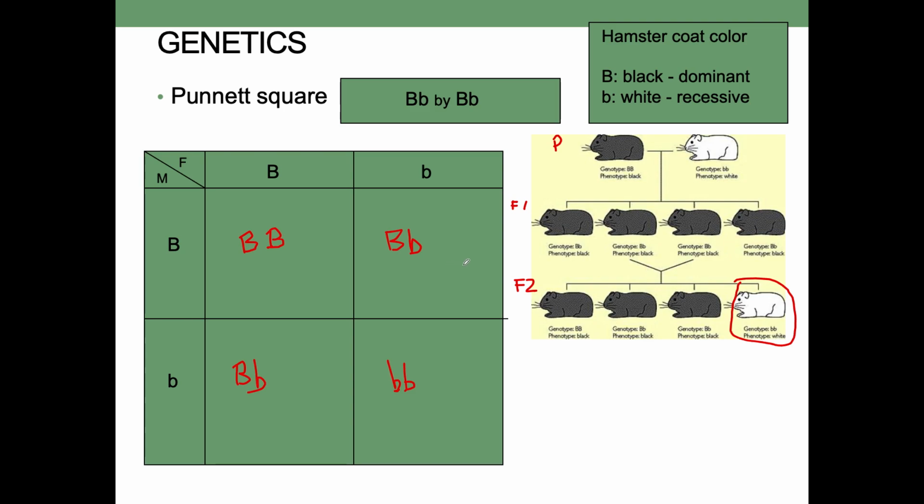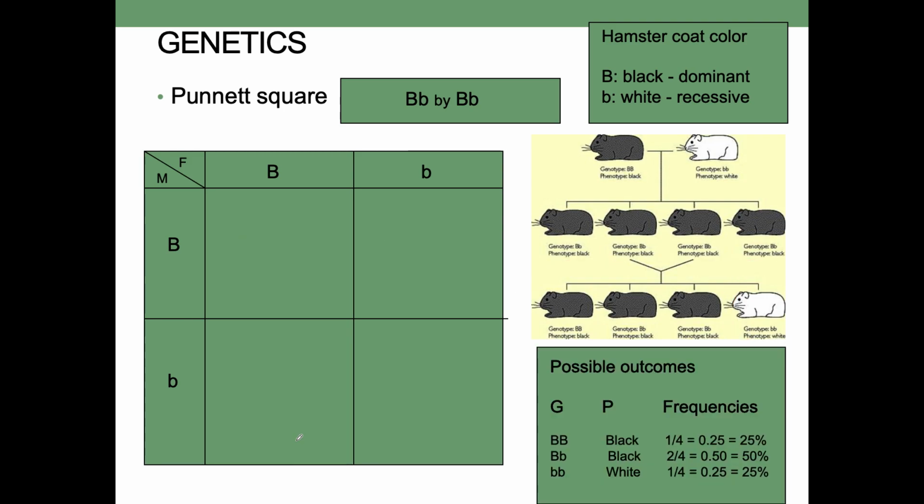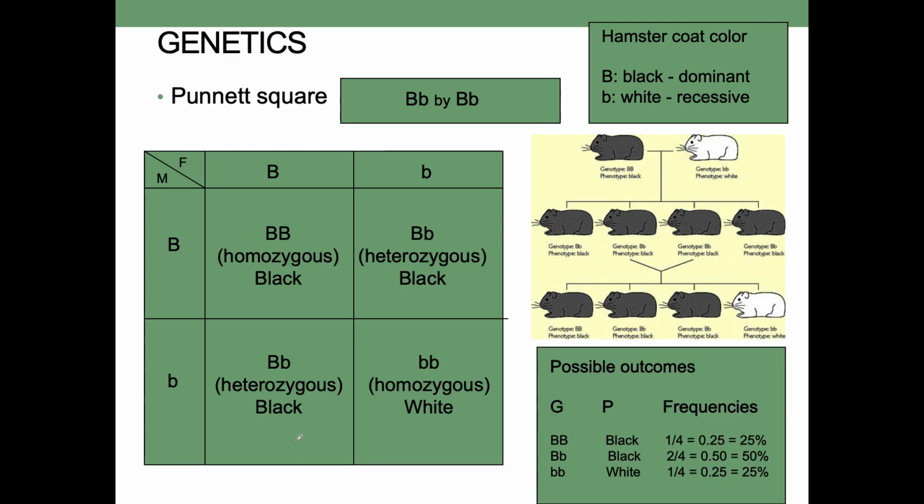And that's because in order for that coat color to be expressed, we need to have the genotype homozygous recessive. And that genotype wasn't possible in this F1 generation. Okay, so now we have three different genotypes and two phenotypes.